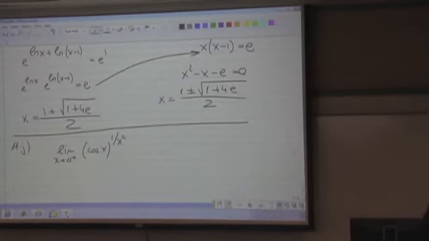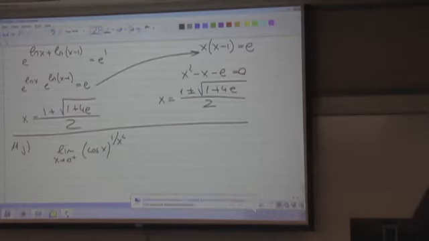First things first, what do we do when we see a limit? We plug in the value and see what we're looking at, right? Plugging in 0 gives us cosine of 0 is 1. 1 over 0 is infinity, so we're looking at 1 to the infinity, which is indeterminate, right? Okay?